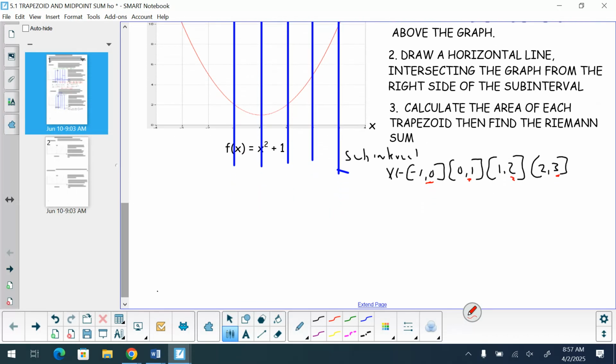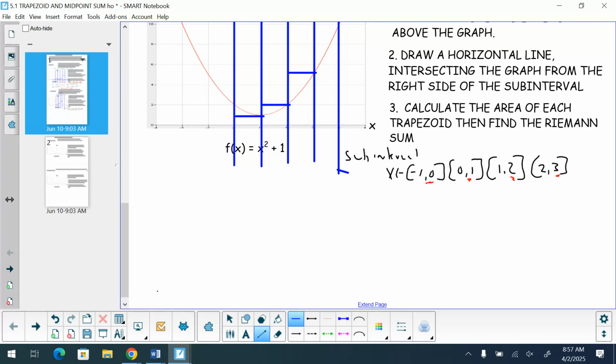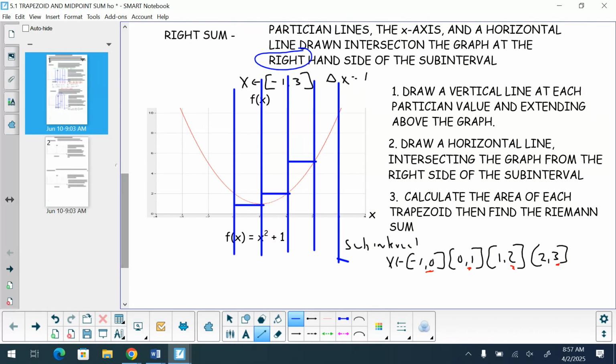So our rectangles are going to come from 0, 1, 2, and 3.